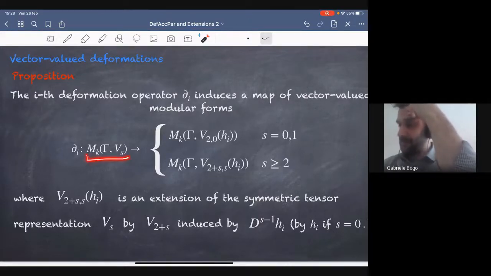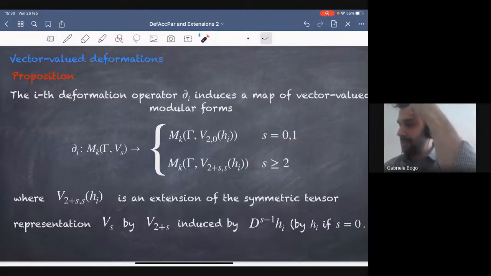So from the space of vector valued modular forms of weight k with respect to the s plus 1 dimensional representation, it gives a weight k modular form with respect to an extension of the symmetric tensor representation, and the dimension of this symmetric tensor representation depends on the dimension of this one in this way.